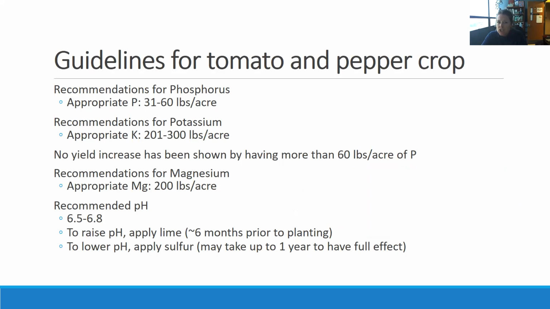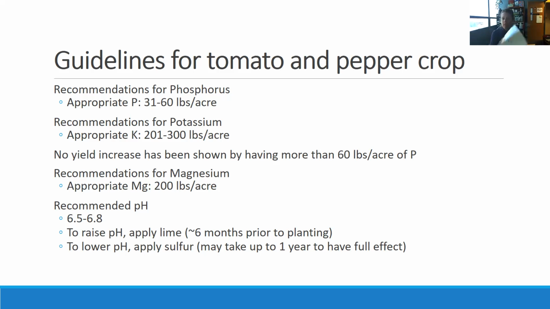So, recommendations or guidelines for tomato and pepper crops. So all of this information, for those of you at your county offices, you can probably swipe one today if you haven't already. There's a new ID 36, the commercial growers guide for vegetable production. It's the 2022-2023 version. It looks like this.